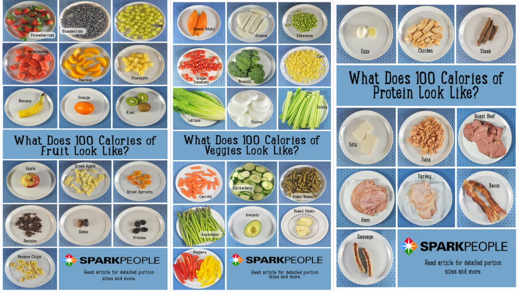Okay. These are all standard plates, 8.5 inches wide. And if you need a reference, grab a sheet of paper, and the width of a sheet of paper is 8.5 inches wide. Okay. So, what do we see here?